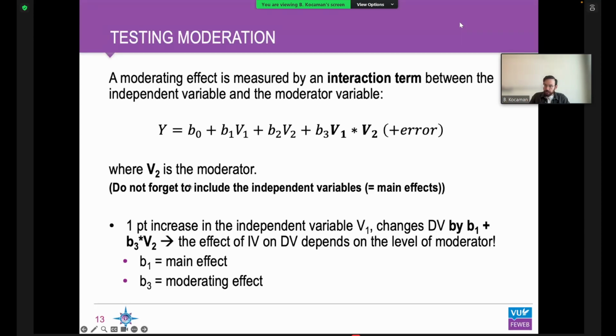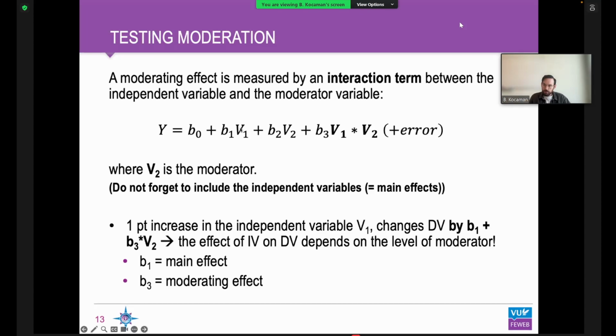And this is an important thing: whenever you have a moderator, to really get the interpretation of whether the relationship between IV and DV became stronger or not, you need to always include the independent variables, meaning V1 and V2. These represent the main effects. So keep this as a rule in mind: you will never ever include only this multiplication.